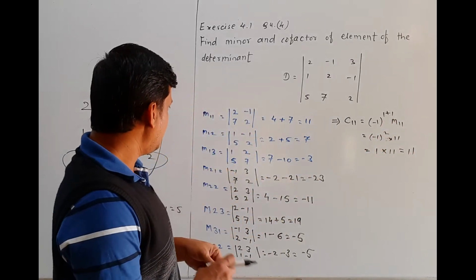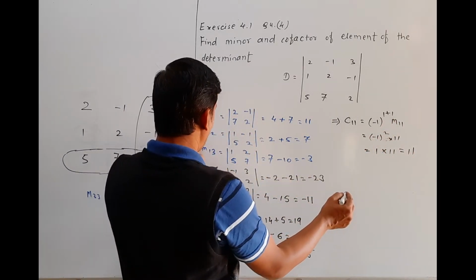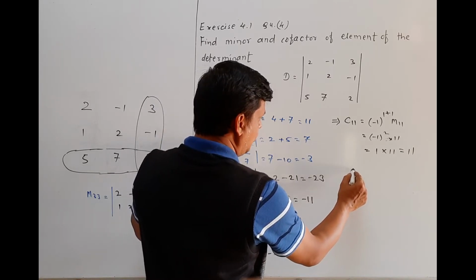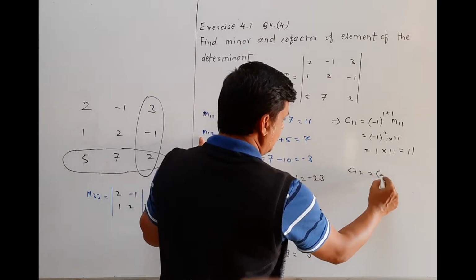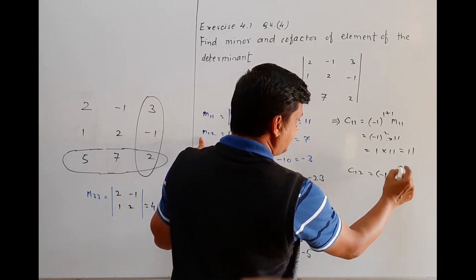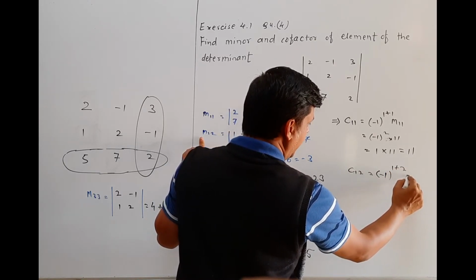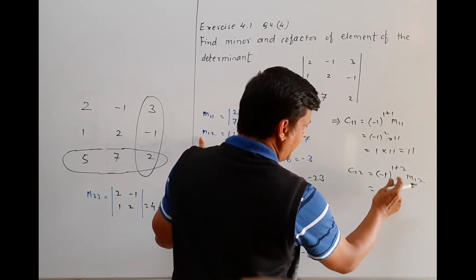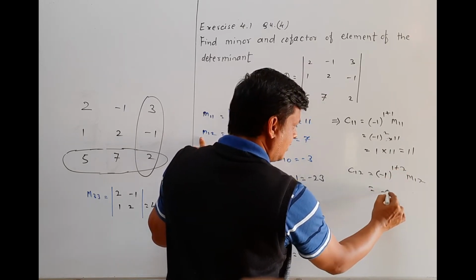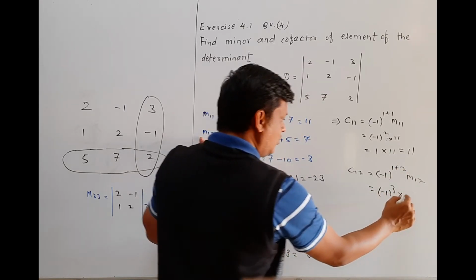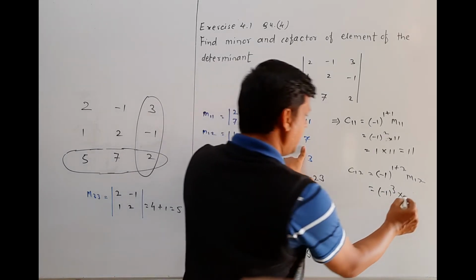Similarly, see the second cofactor. We write C12. C12 is equal to minus 1 raised to the power 1 plus 2 into m12. So here minus 1 raised to the power 3 into m12. m12 we calculated as 7.